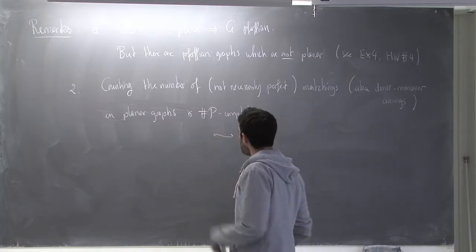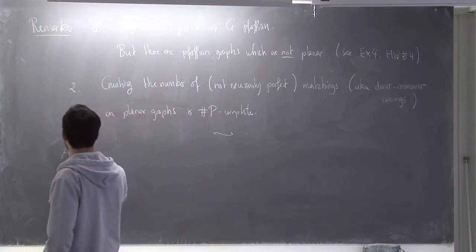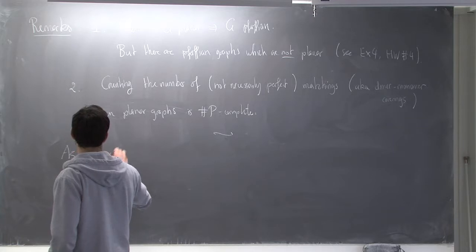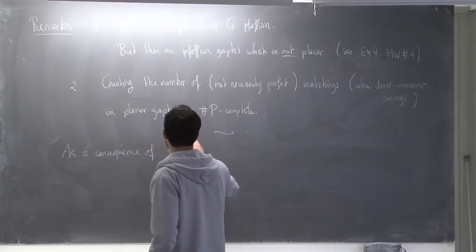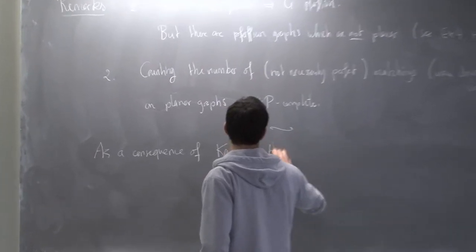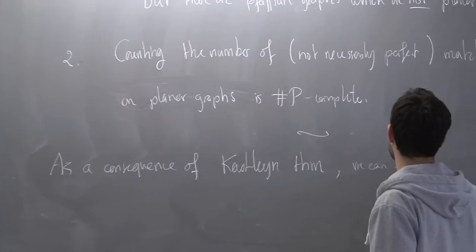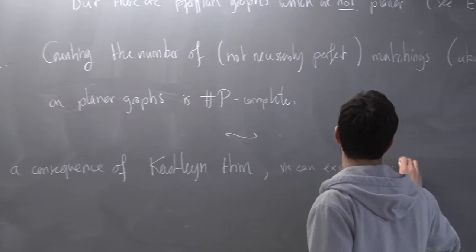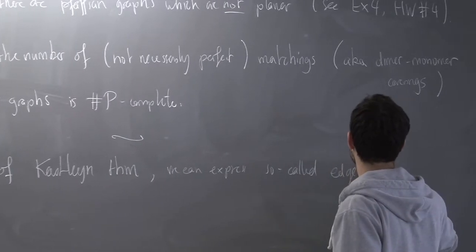Okay, so a further consequence of Kasteleyn's theorem is that we can express so-called edge-edge correlations.